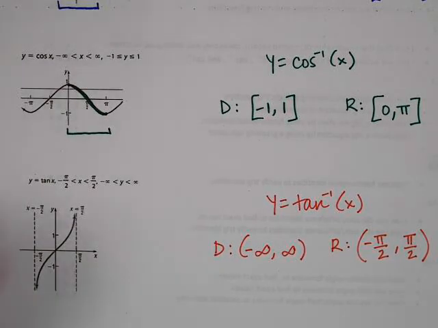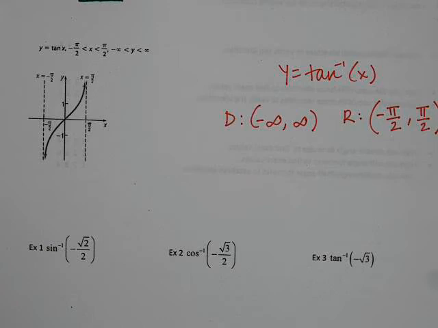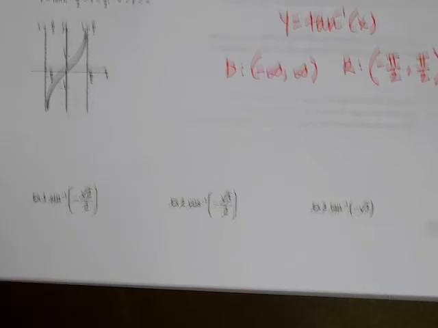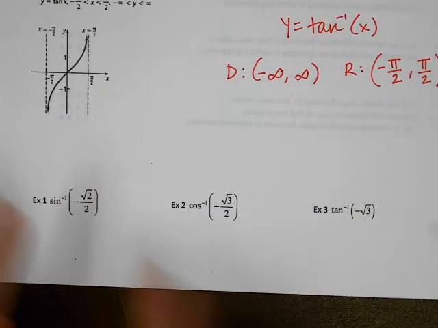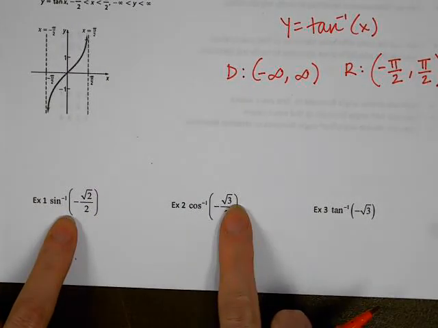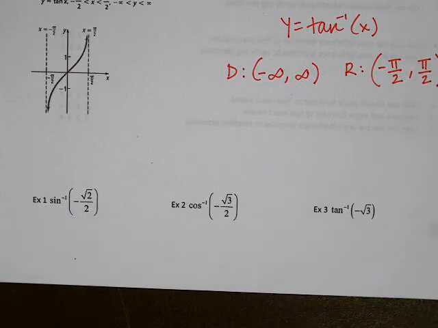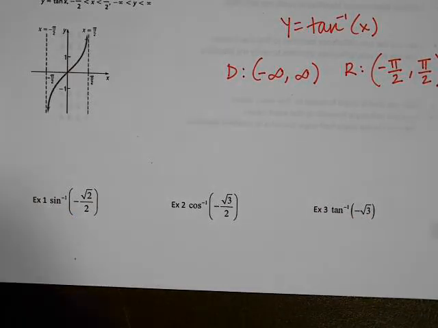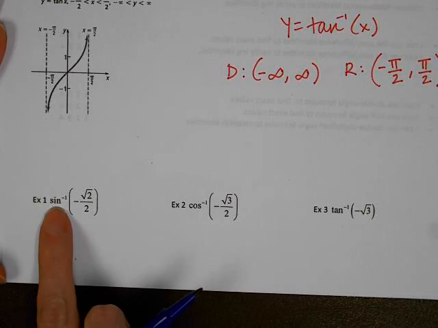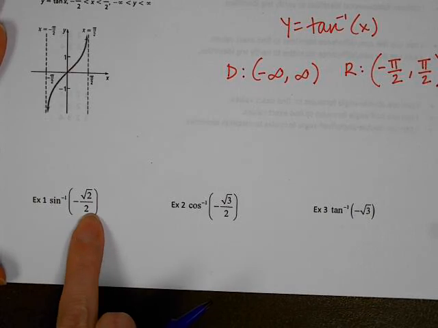Okay, so unit circle's back. When we talk about inverse trig functions, we're trying to find the angle that produces this ratio at this trig function. Okay, so where on the unit circle, at what angle in radians, is sine -√2 over 2?